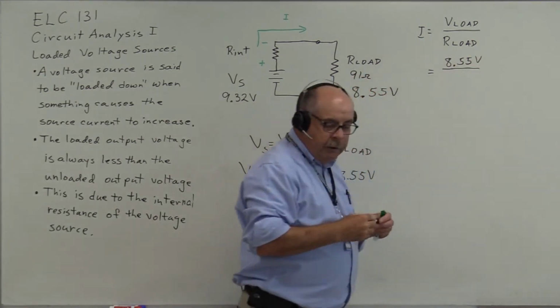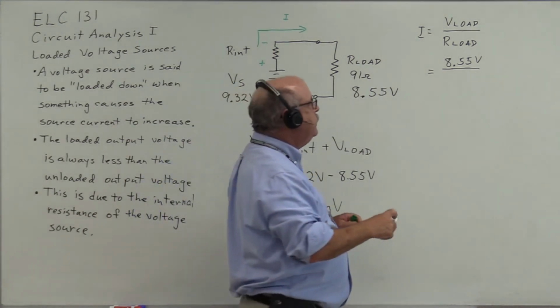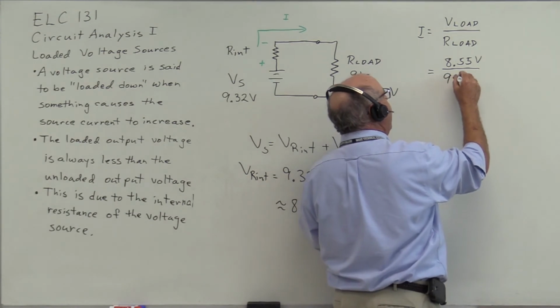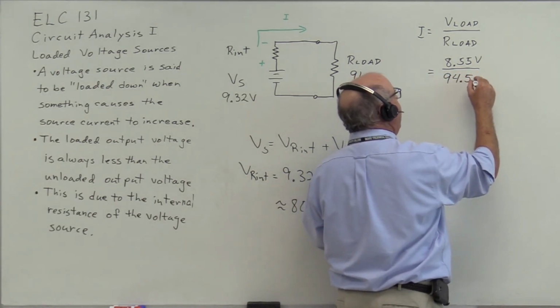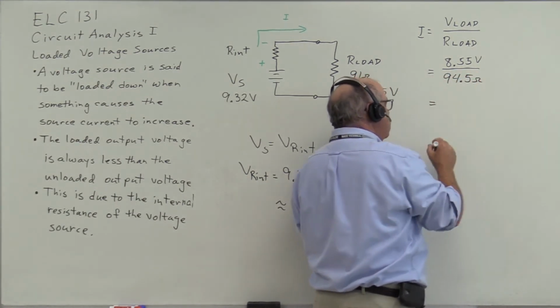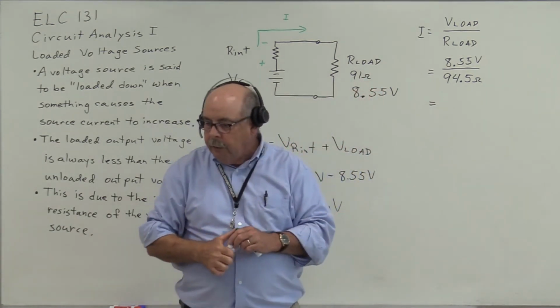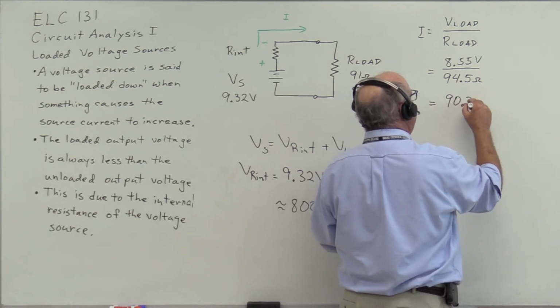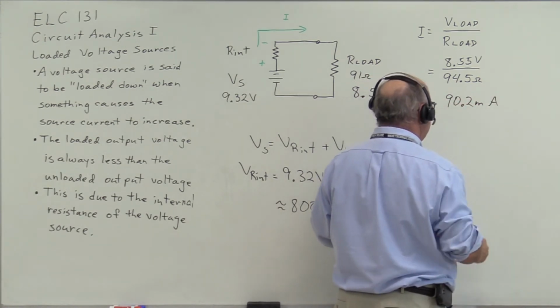I measured the 91 ohm resistor and found it had a value of 94.5 ohms. So we yield a current of 90.2 milliamps.